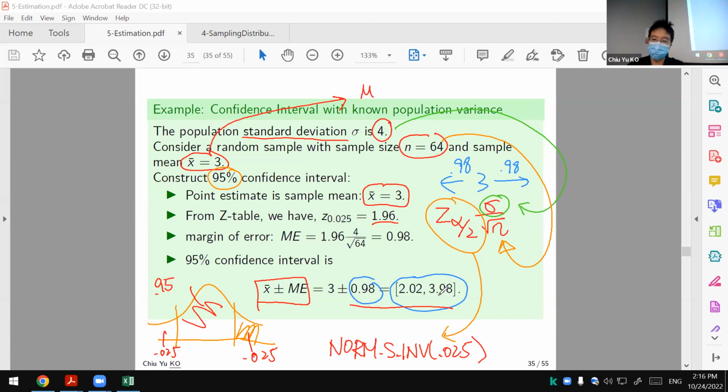And you can see if I have a bigger n, this interval will shrink if everything remains the same. If I get a larger sample size, I will have the same sample mean, but I will be more confident, and the interval is more likely to be narrow. So basically, the interval estimate tells you how precise your sample mean is. If it's narrower, you have higher confidence that it's going to be good.